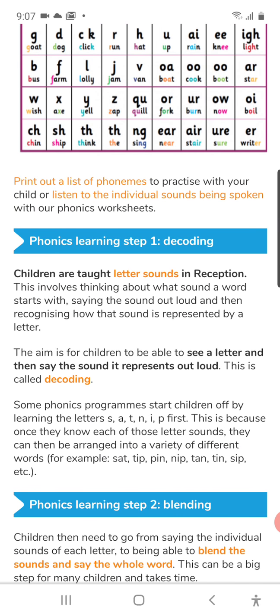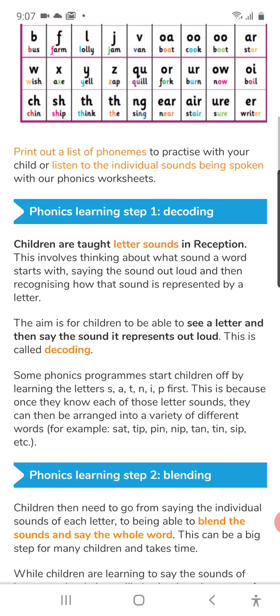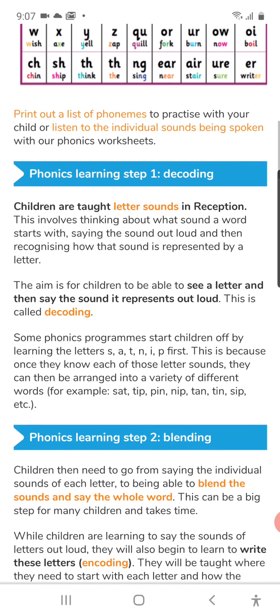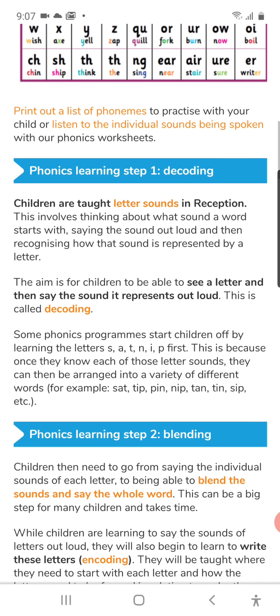Okay, phonics learning step 1 is decoding. Children are taught letter sounds in reception. Why? Because it involves thinking about what sound the word starts with, saying the sounds out loud, and then recognizing how the sound is represented by a letter. So the aim is for children to be able to see a letter and say the sound it represents out loud. This is called decoding.